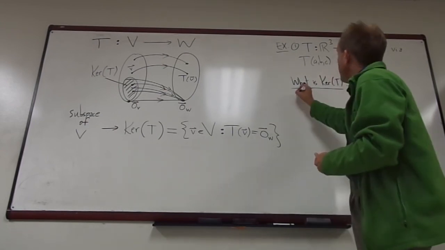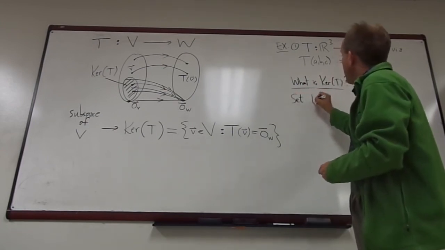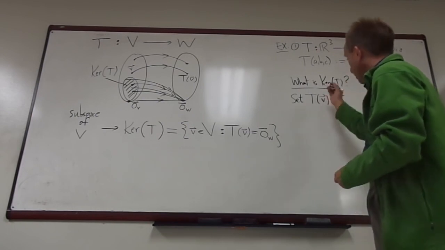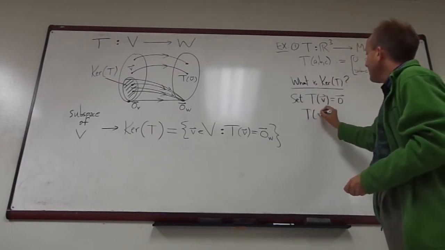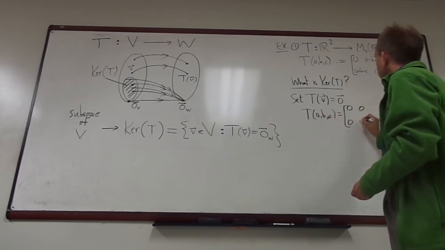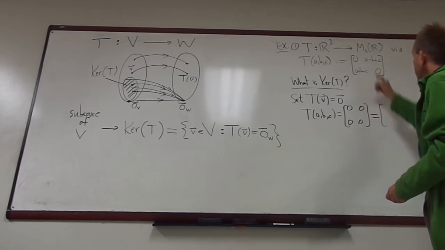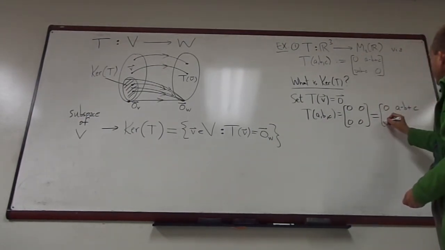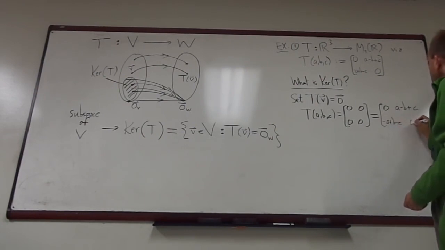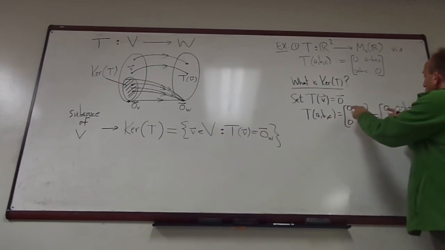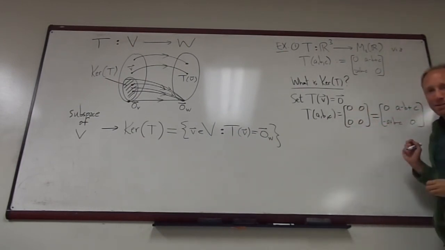So in general, you set T of v equal to 0. In this case, that means you set T of (a, b, c) equal to 0, 0, 0, 0. This is the formula right here for T of (a, b, c), so I can just go ahead and put that in here. So you actually create an equation here. All 4 entries of this matrix have to be 0.